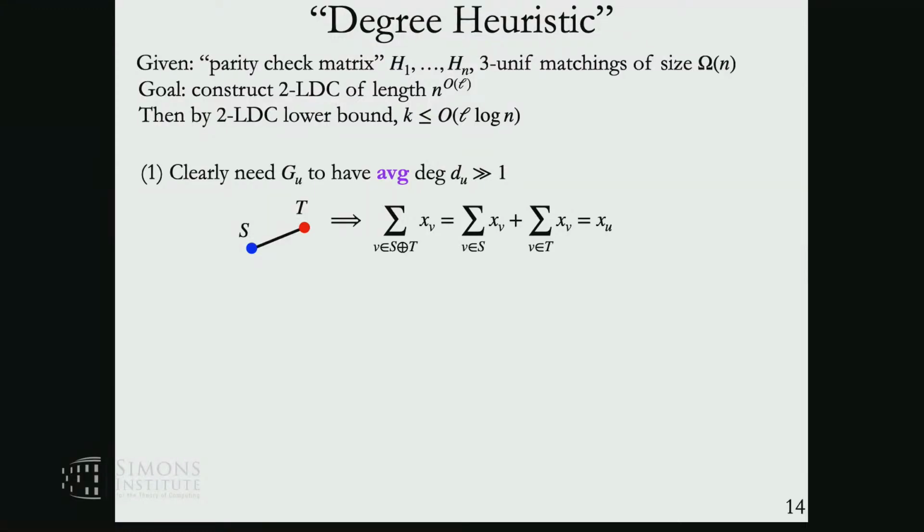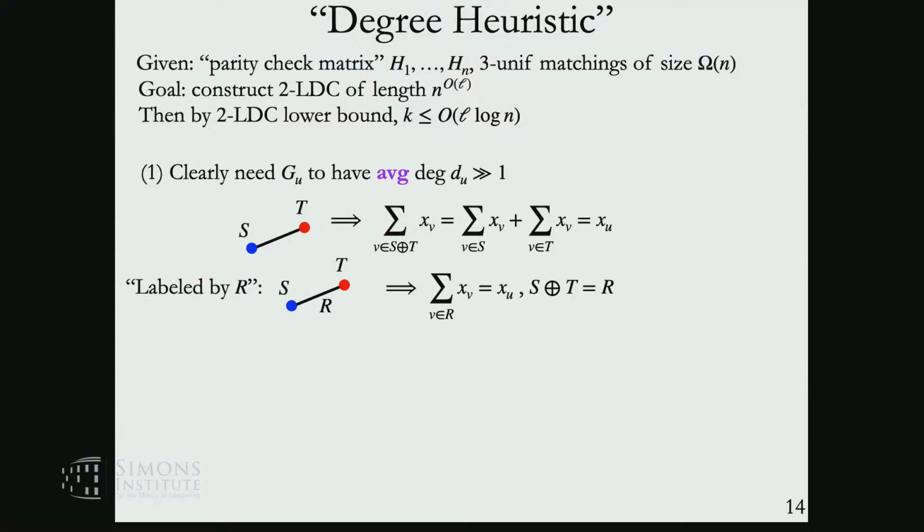Okay? So then I have this equation. And we can view these edges as labeled by a particular set R, which is the symmetric difference. So essentially, if you have a set R such that this parity check equation is in the dual code, then you get a bunch of edges, which are pairs S and T, for which S symmetric difference T is equal to R.